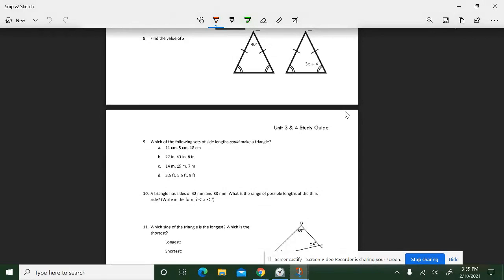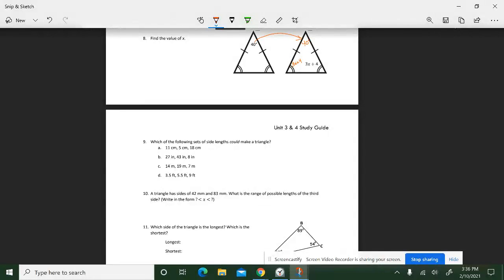So that means if this angle at the top is 40, if these triangles are congruent, this angle over here also has to be 40. And on this triangle, I have one angle down here marked as 3x plus 4. If these two angles at the bottom are congruent, the other one also has to be 3x plus 4.